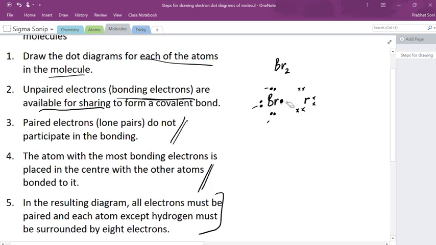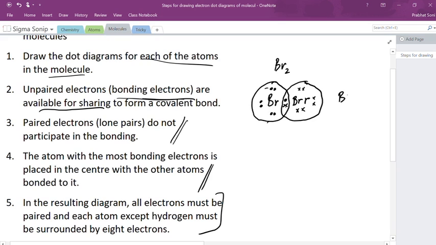Maybe I should put them in the middle. So that's the one, this is the other one, and that's my bromine. So these 2 electrons in the middle are shared, and what we have is a bromine molecule. So that is the electron dot diagram of the bromine molecule.